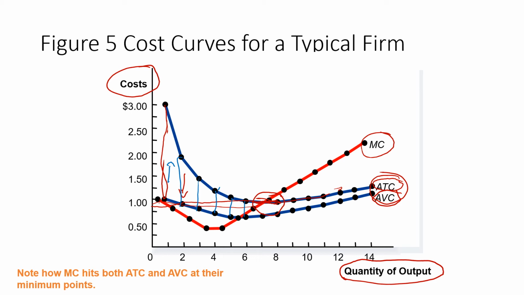How do we know that? We also know that through the equation: average total cost is equal to average fixed cost plus average variable cost, and average total cost minus average variable cost equals average fixed cost. So that is the relationship between these two variables.